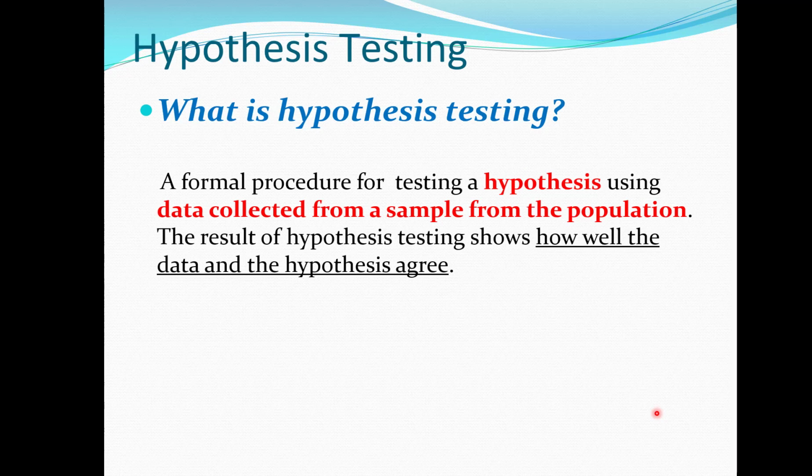What does this mean? If the result of your hypothesis testing shows that the data and your hypothesis agree well, that means your data support your hypothesis and you can say your hypothesis is true. But on the other hand, if the data collected from your sample do not agree well with your hypothesis, this is an indication that your hypothesis is not true.